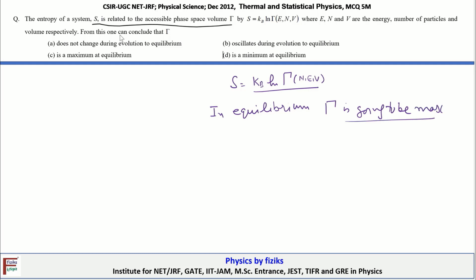Okay, and the reason is that in equilibrium the system stays in the most probable macro state, and the most probable macro state is the one having the largest number of microstates.